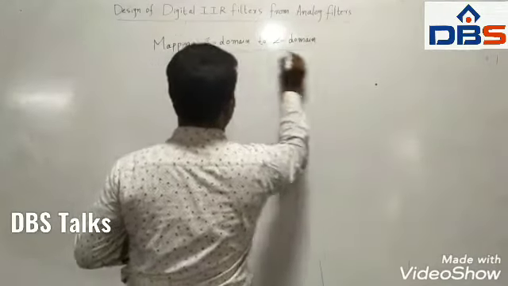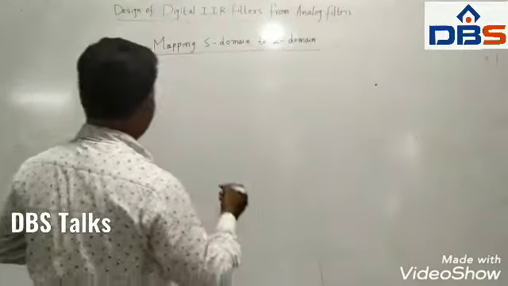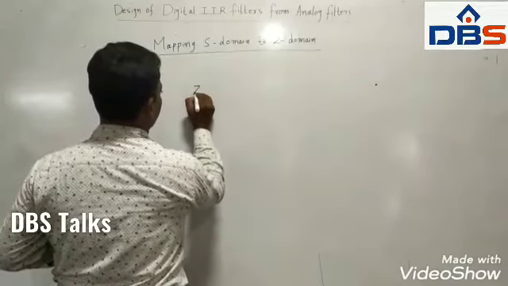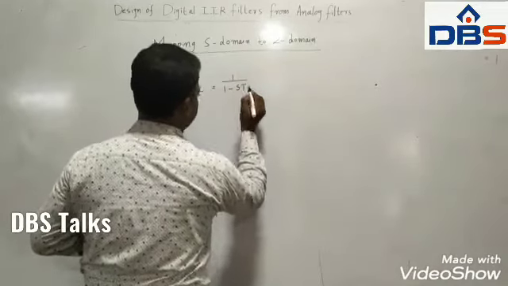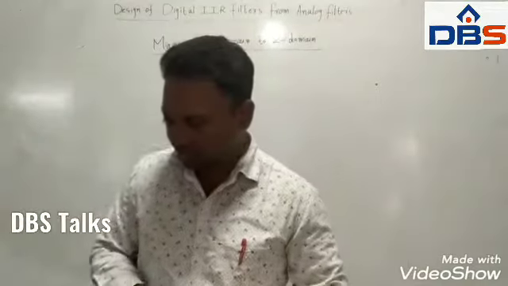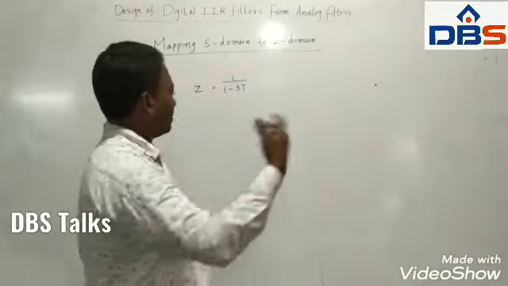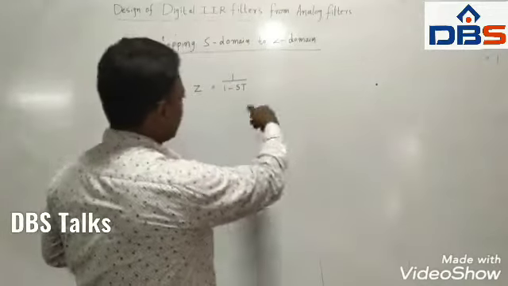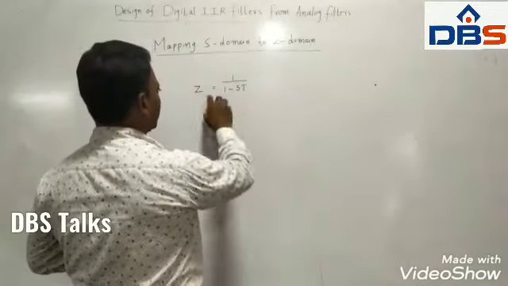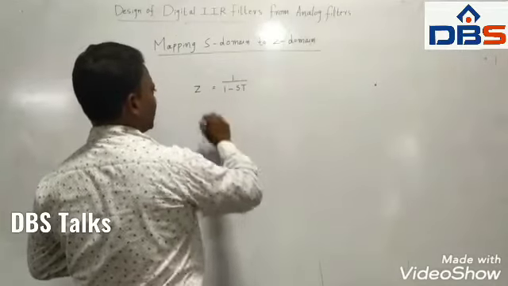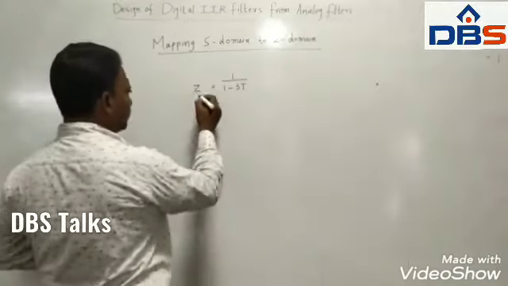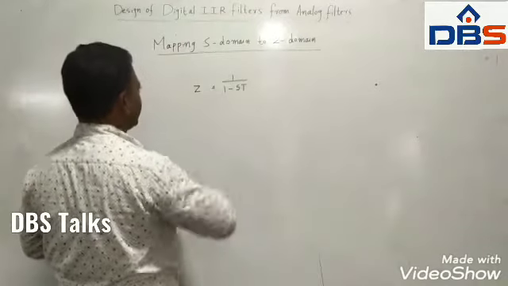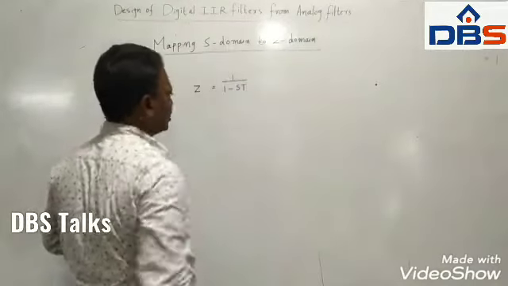To map that, generally we write Z is equal to 1 by 1 minus sT. Actually you can get this relation from what we have seen previously, s equal to 1 minus z inverse by T. Using that relation you can get the Z variable in terms of s: Z is equal to 1 by 1 minus sT. Using this we can map the S domain variable into the Z domain variable.